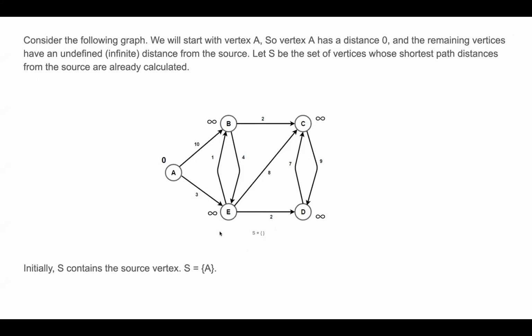S for this stage is empty because we don't know what is there. At the first step, initially S contains the source vertex, so S is equal to A. From A we are going to calculate the shortest path, so S will contain A.